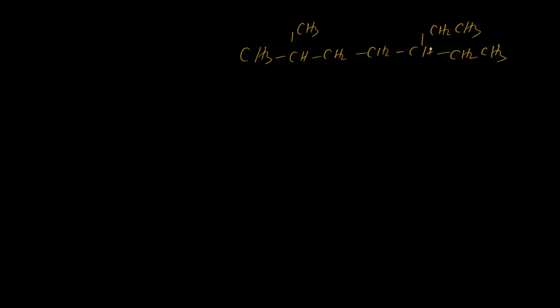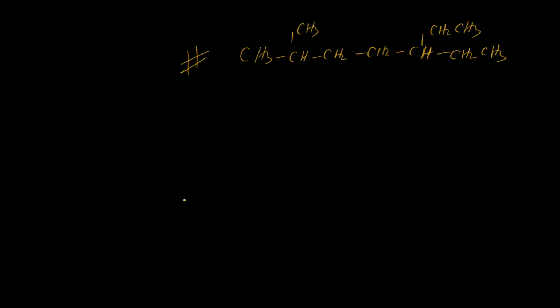Now let us give some IUPAC names of branched chain alkanes. Like we have CH3, CH, CH3, CH2, CH2, CH, CH2, CH3, and CH2, CH3. What will be the name of this compound according to IUPAC?